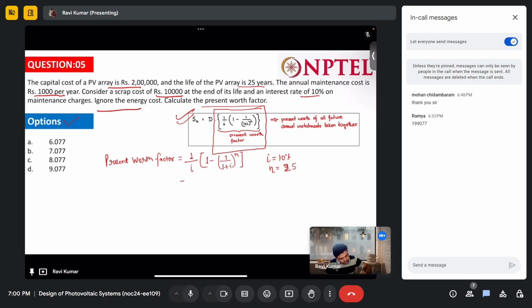So we will put it like this: 1 upon 0.1, into 1 minus 1 upon 1.1 to the power 25.